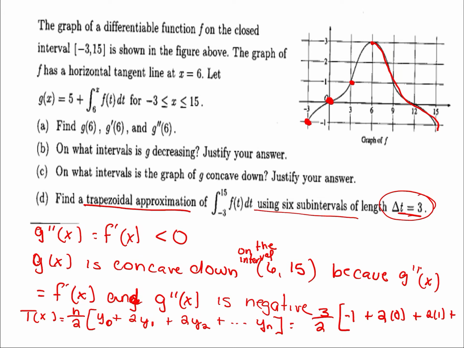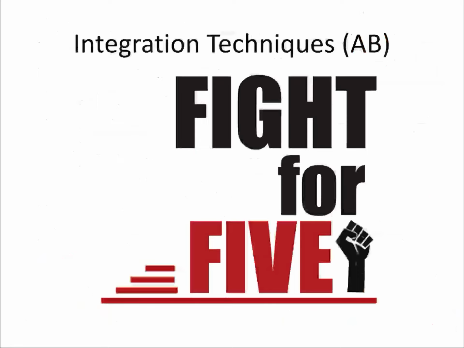Move over 3 more, I get 2 times 1 plus 2 times 3 plus 2 times 1 plus 2 times 0 plus -1. Okay? And when you do all the math for that, you get, I'm just going to write up here, 12.